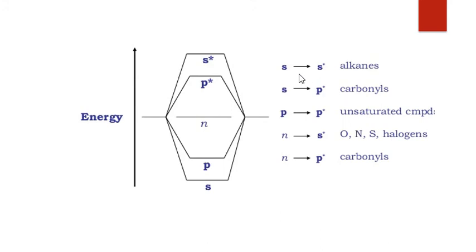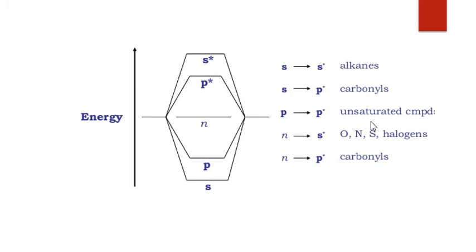Sigma to sigma star shows the sigma transitions, and these bonds are formed in the alkanes. These are present in molecules with single bonds. Then sigma to pi transition occurs in molecules with double bonds like carbonyls. Pi to pi star transitions occur in unsaturated compounds like alkenes.